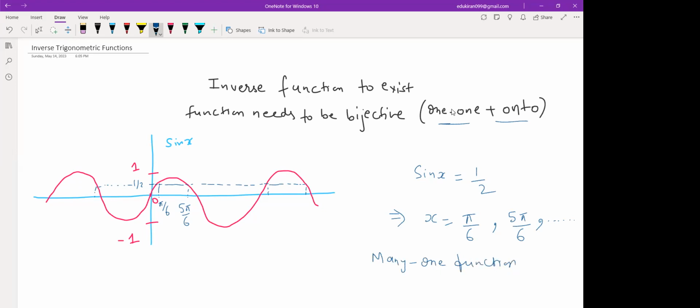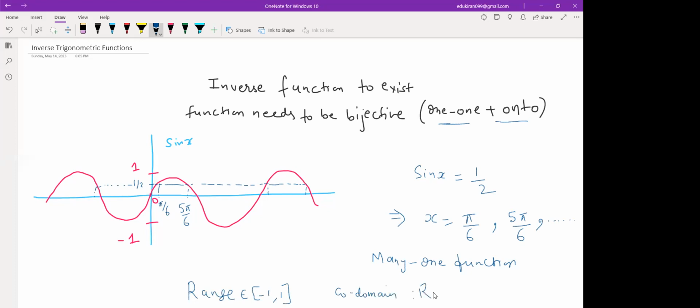And what about whether it is an onto function or an into function? This is not an onto function, it is an into function. Why is it into? Because its range is -1 to 1, and the codomain we are taking as real numbers because it is not mentioned.